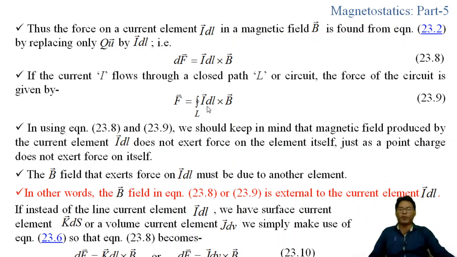So if we replace this, we can find the force on the surface current element due to the external field, that is dF equals KdS cross B. In the same way, we can calculate the force on the volume current element, where KdS is replaced by JdV, that is dF equals JdV cross B. In this way we can find the force on the current element due to the external magnetic field.